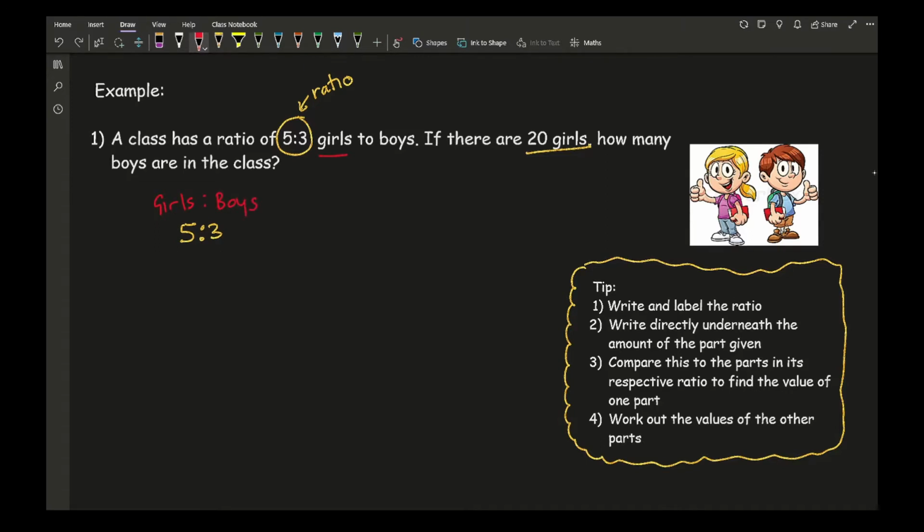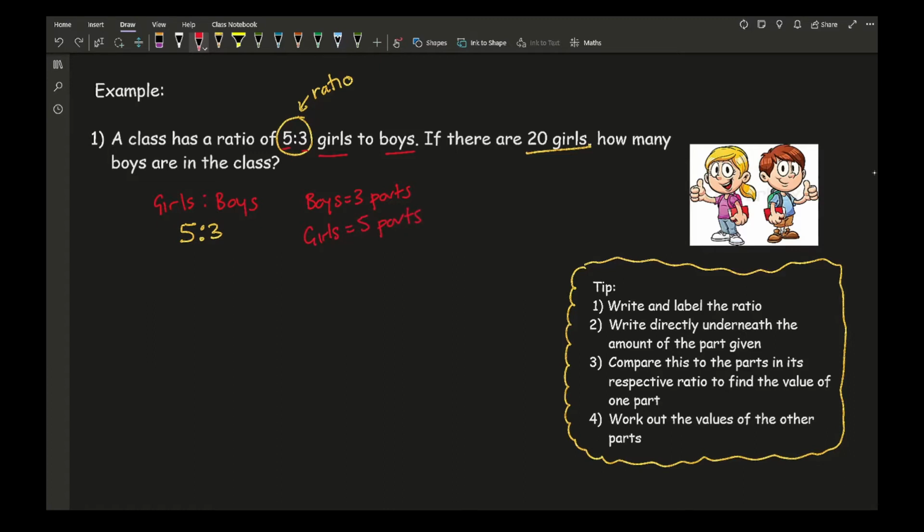Again, it's really important that you establish that the order in which the ratio is given is the same order as it's labelled in the question. So here what I know is that the boys equal 3 parts and the girls equal 5 parts. That's just me reading the question of what I've written down here.